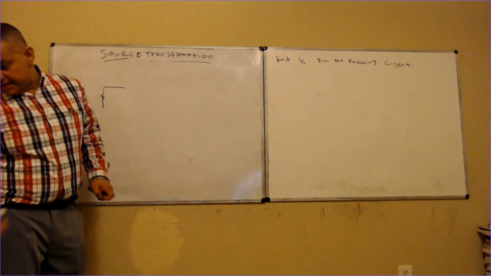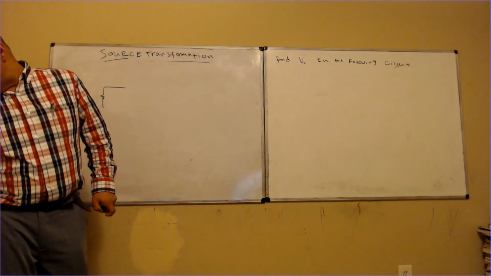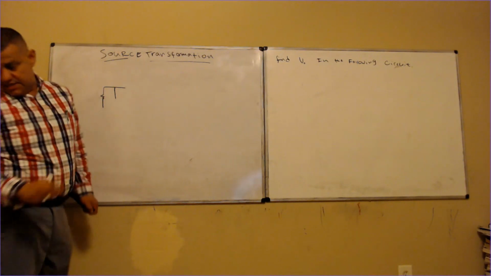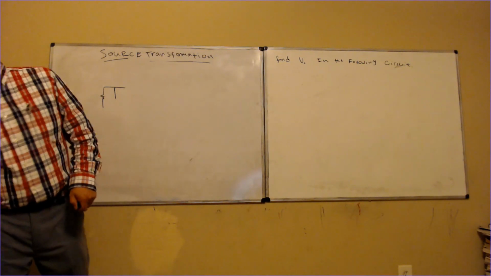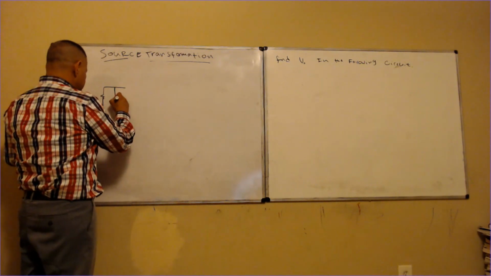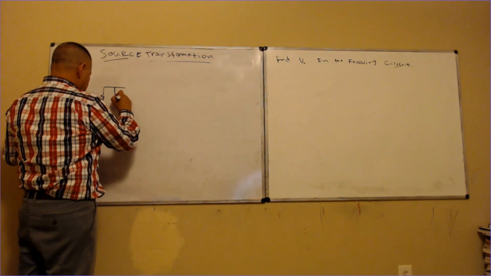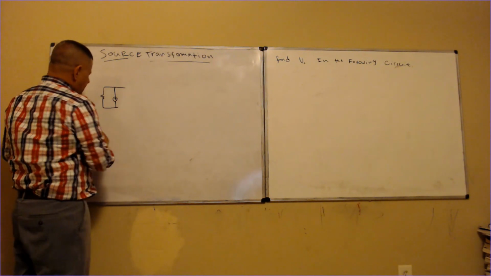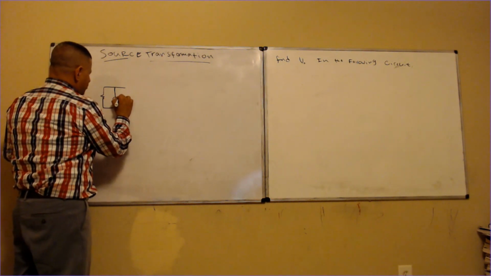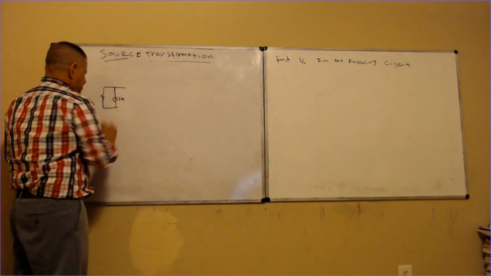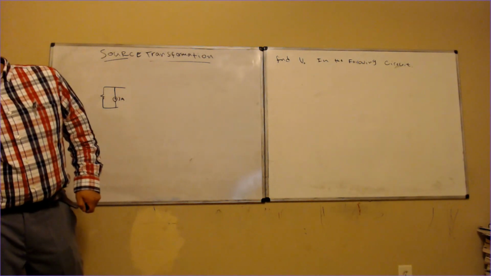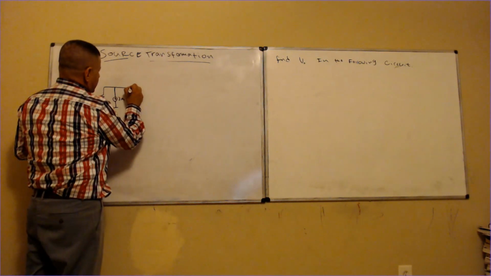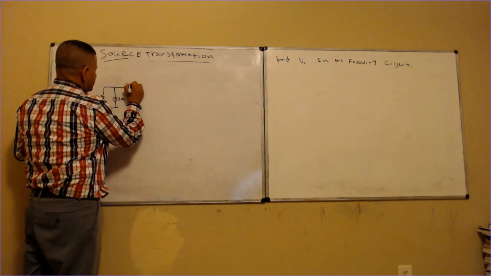And then I got a current source, and that current source is going down like this, and that is 3 amps. Then I have another resistor right here, and that resistor is 2 ohms.